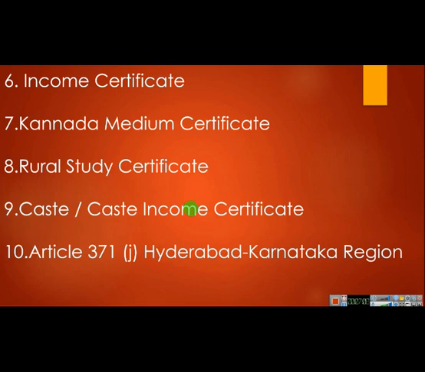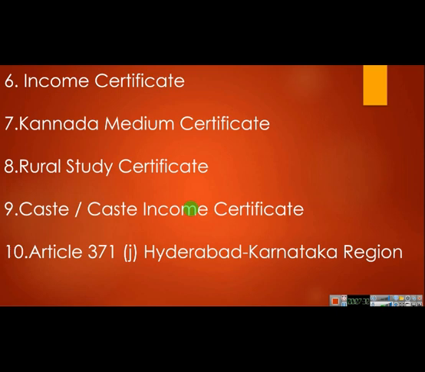Only those students who have studied in rural areas have to submit this particular form, and it will be signed by the principal of the particular rural area school or college. They'll sign and give it to you. Other students don't have to worry about this 7th and 8th.